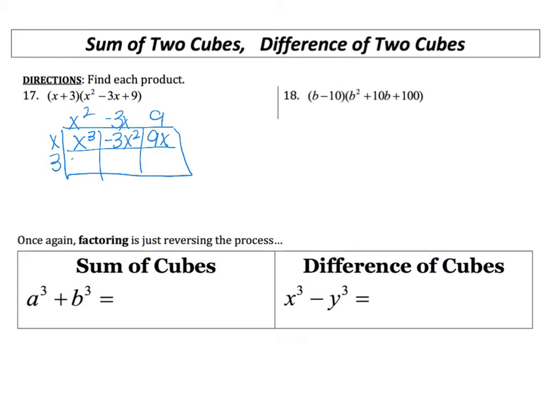And then 3x squared, negative 9x and 27. And we'll notice both of those diagonals cancel out. Right? So it just equals x cubed plus 27.